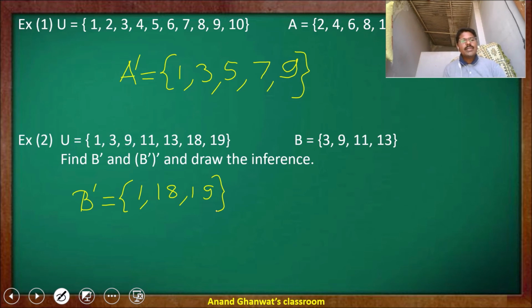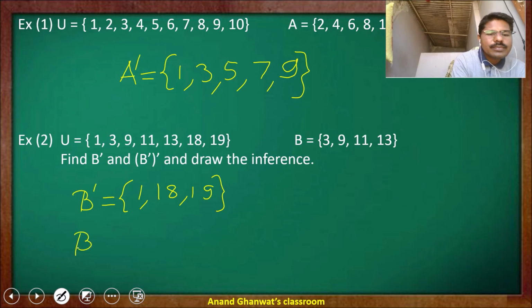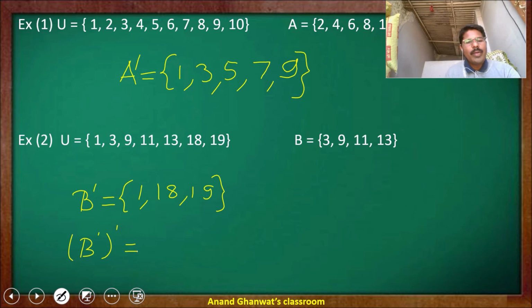Now let us find the complement of B complement, or the complement of B dash. By the definition, the complement of B complement is the set of all elements which are present in the universal set but not present in the complement of B. Let us check one by one.